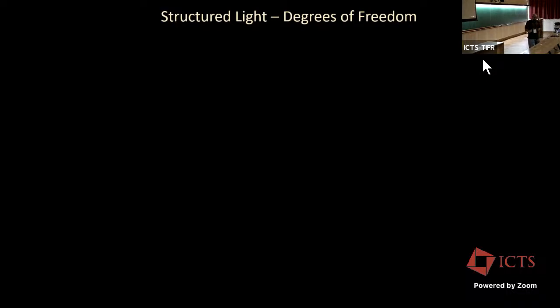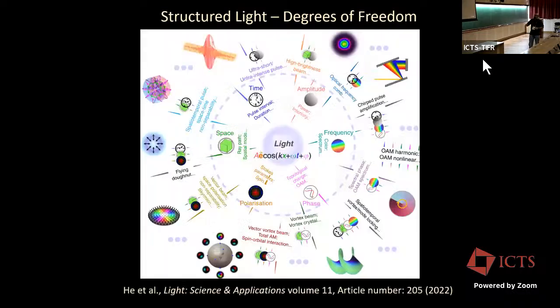But in the modern age, there is so much interest because you are now able to generate laser beams, and these laser beams can be engineered. This has really created new opportunities in the way you can use laser beams and realize new degrees of freedom, because light itself has various degrees of freedom.